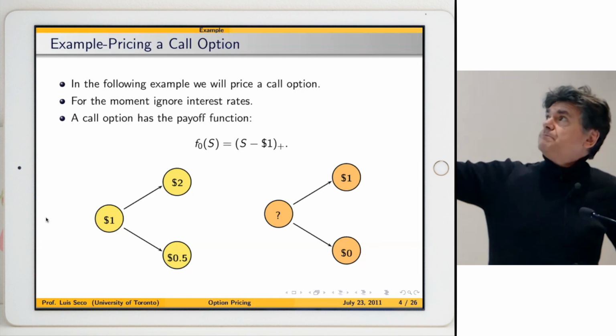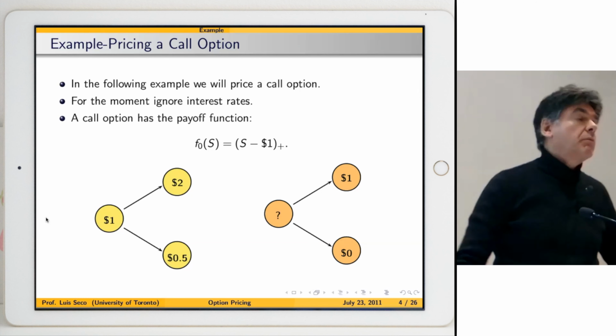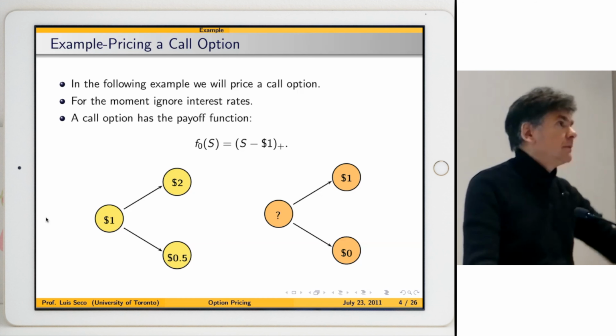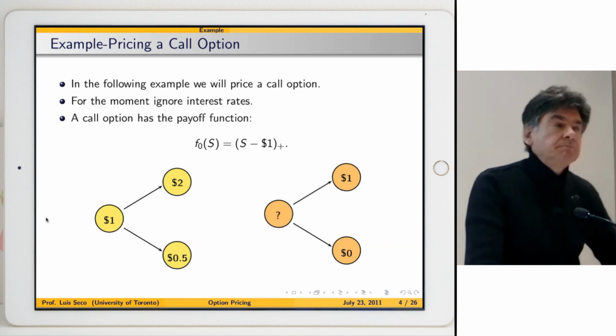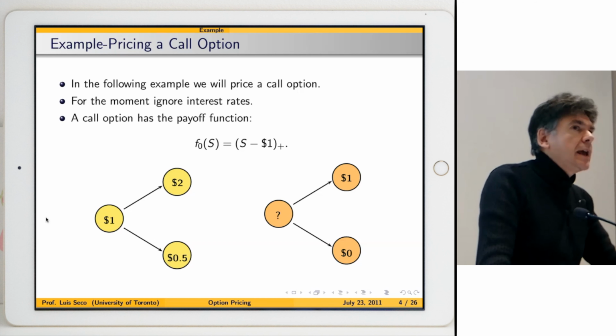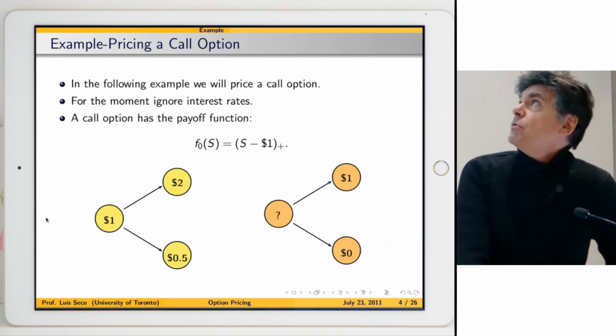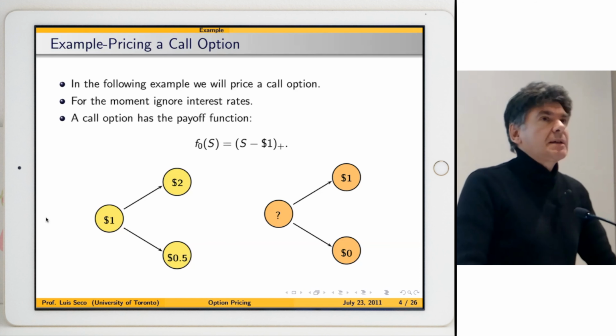So I'm going to write the payoff of this option as follows. I'm going to write it as (S minus 1)+, S being the stock price, so that's the answer to the Zoom question. S is the stock price. I'm starting to give names to this. And you will see that little plus symbol next to the bracket.